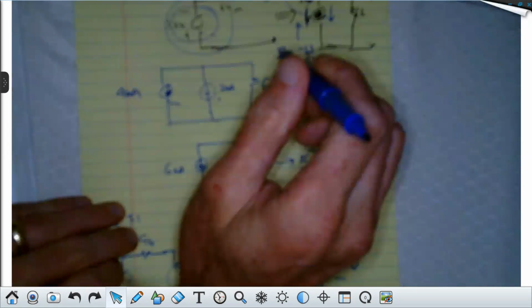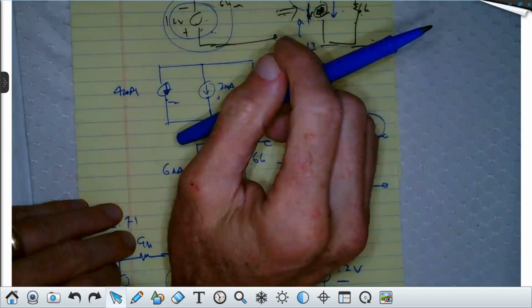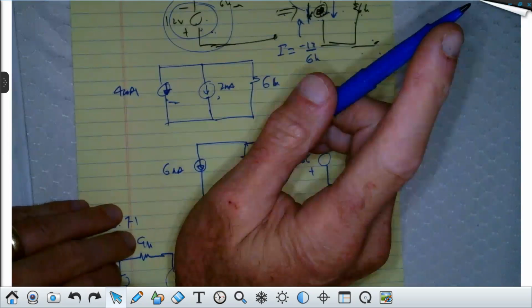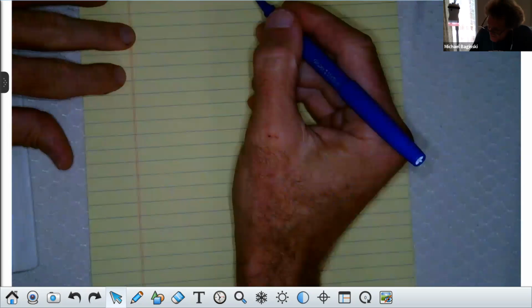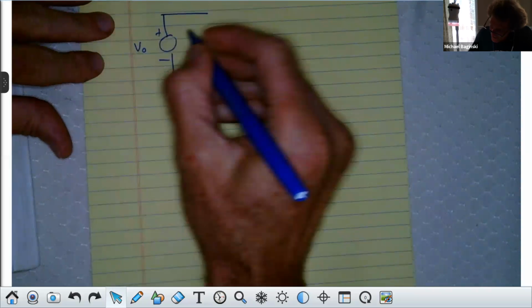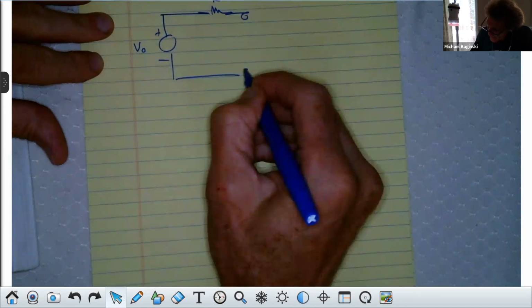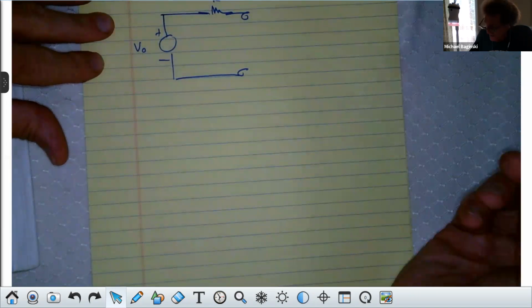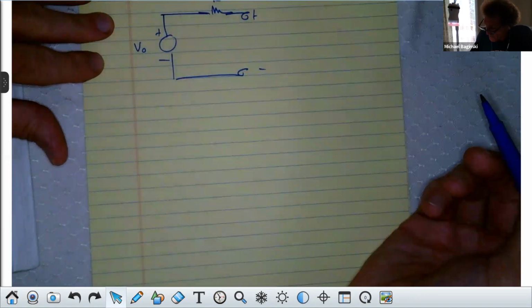Dr. Baginski, I just wanted to confirm. You said voltage in series with a resistor equals current in parallel with a resistor? Yeah, but remember what a source transform is. I hope you all caught me on that one. What is a source transform? The whole idea is this. If I have a voltage source, V naught, in series with resistor R, and I have two terminals here, I want it such that anything I put across these terminals, I get the same response.